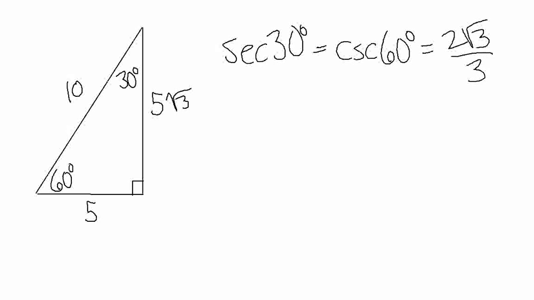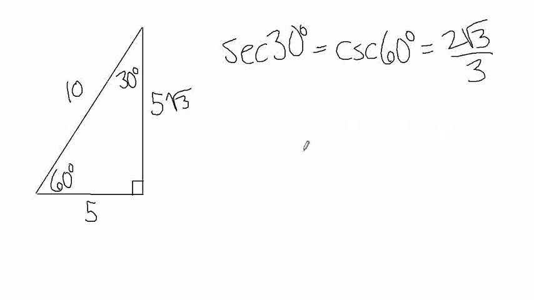For example, the secant of 30 is the length of the hypotenuse over the length of the adjacent. So that's 10 over 5 root 3, which is equal to 2 root 3 over 3.